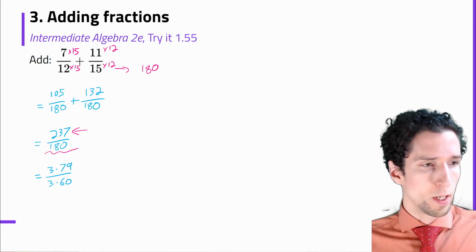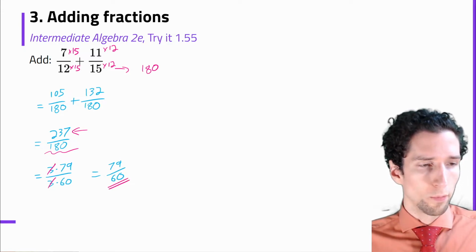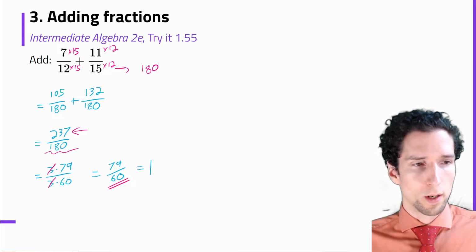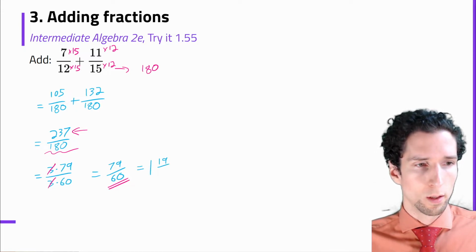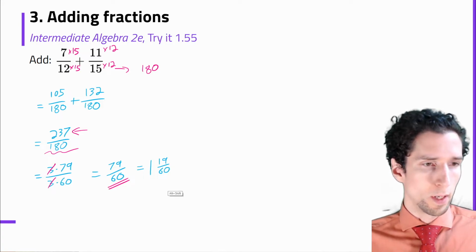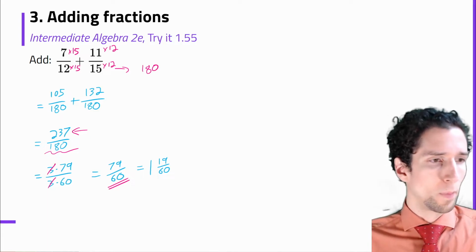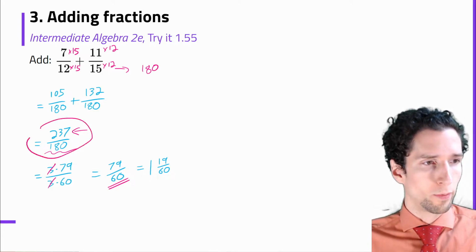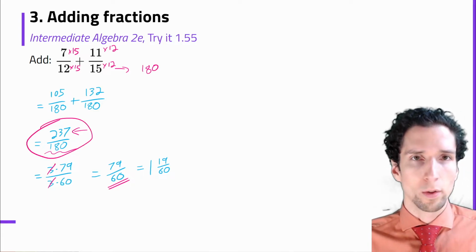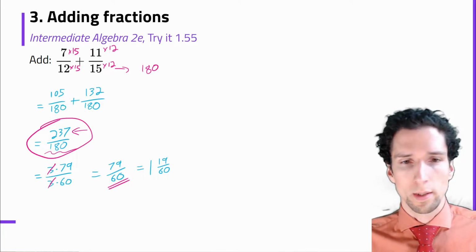Then the 3s cancel each other out, so we get 79 over 60. If we want, we could have written this as a mixed number, like 1 whole plus 19 sixtieths. It doesn't matter, but we do want to simplify. If we have a common factor, we want to show our answer in the simplest possible form.